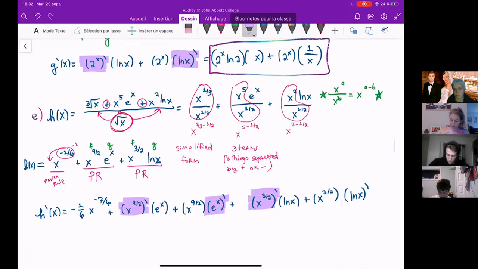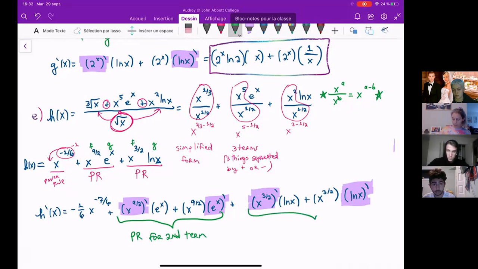And that leaves me with 4 derivatives left to take. This was my product rule for the second term. This was my product rule for the third term.